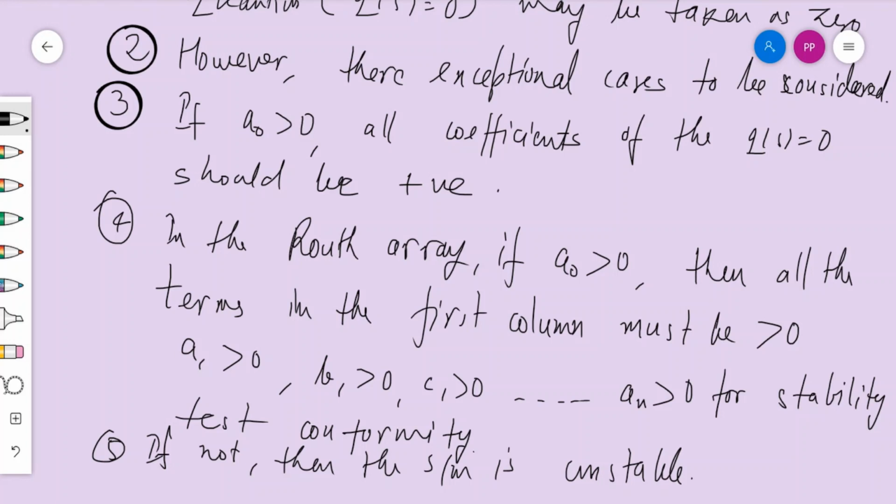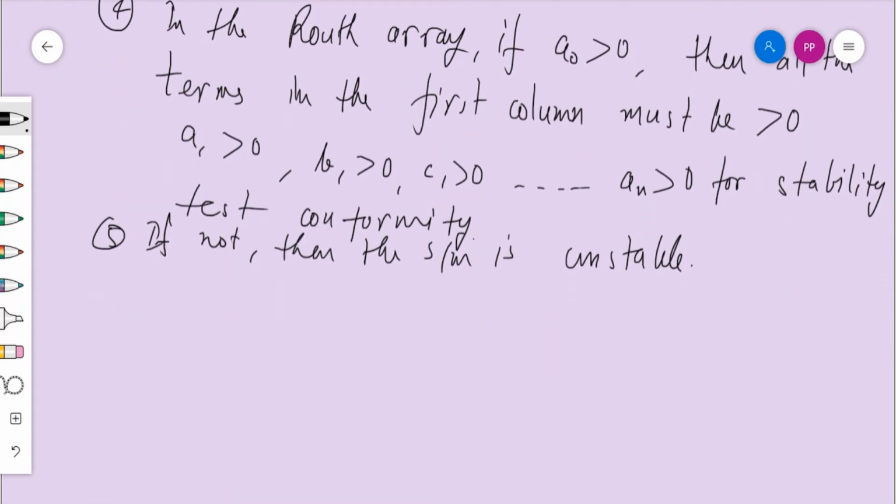So in that case, the number of sign changes in the first column is same as the number of roots of the characteristic equation on the right half of the S-plane. So let me write in words.